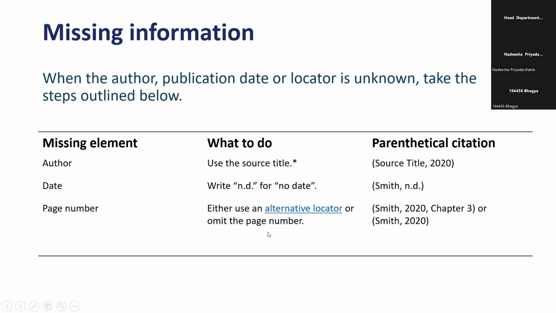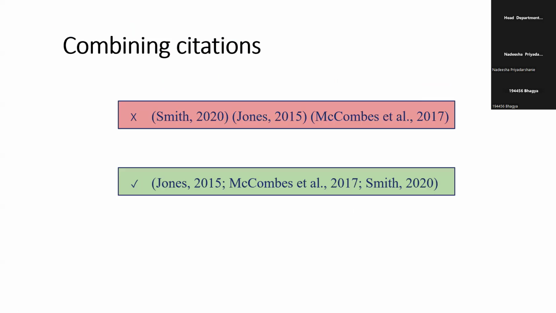If we don't know the page number when we are citing a book, we can follow any other alternative. If we know the chapter, then we can put that: Chapter 3, Chapter 4, like that. If not, we can omit this. Right. That's how we deal with missing information.